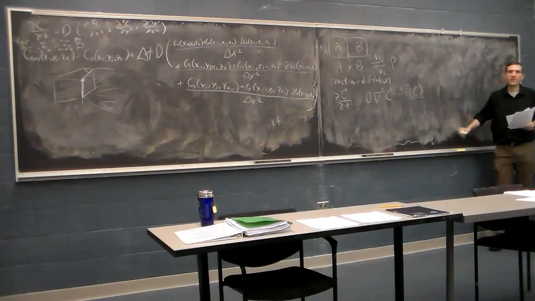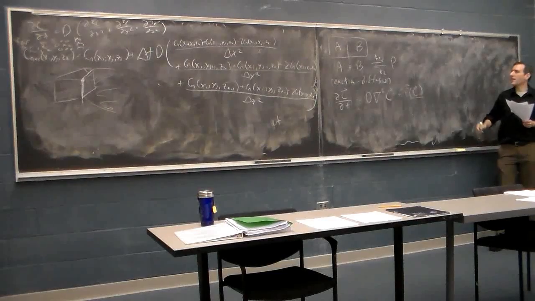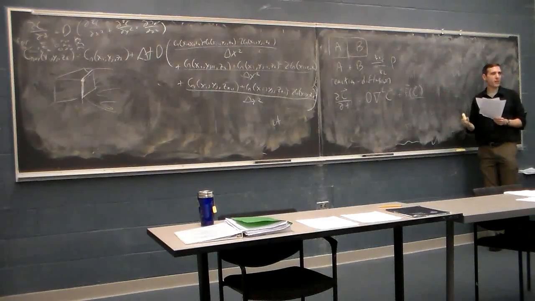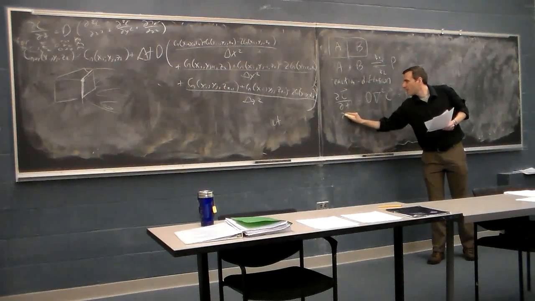And this f of C is just what I've already referred to in the last class as the law of mass action equation. So how at any instantaneous point in time, A, B, and P are evolving through reactions from one another.